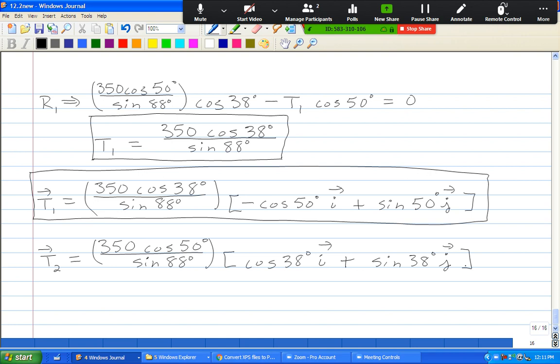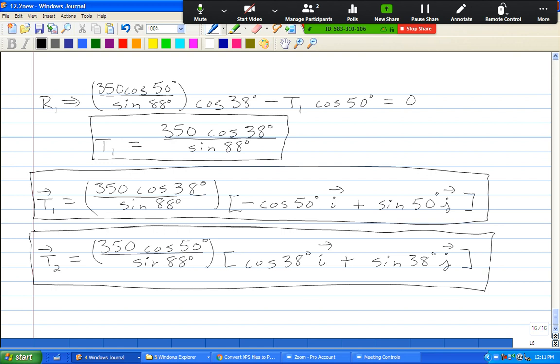And that's your answer. So those are the vectors T1 and T2. Okay, good. So that finishes off section 12.2.